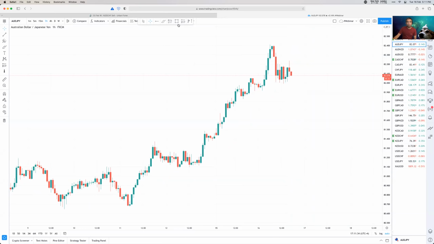Let me draw something and you tell me. Is this support resistance? I'm going to help you guys with this a little bit today. Is this support resistance? How about this?